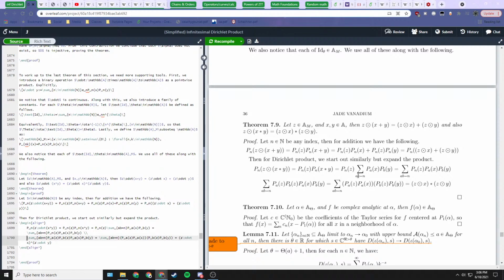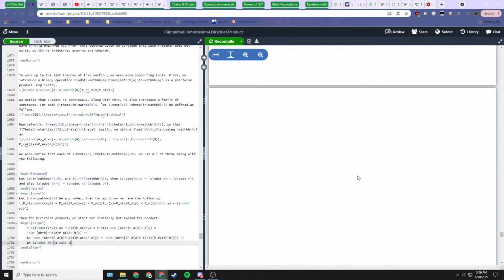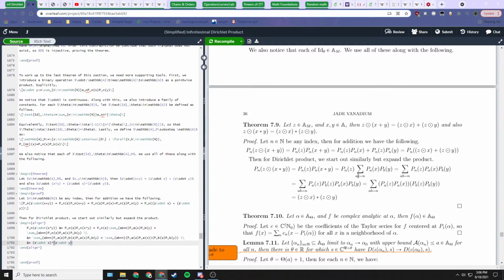There should be an equal sign here. Let's also put our tabs here. And that's it.